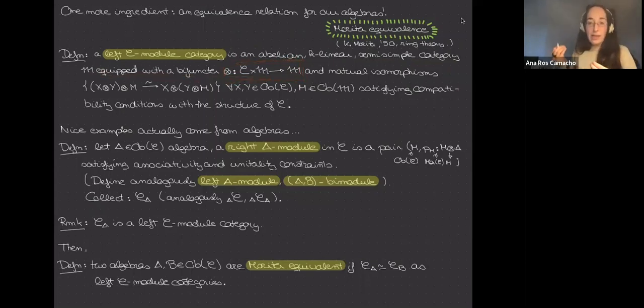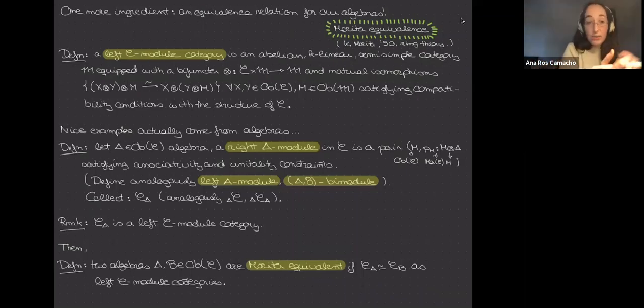If you think of this like a module, it is the definition of a module but in a categorical way. And there are some isomorphisms that relate the tensor product inside C with the action on the module category. And of course, all these ingredients again need to satisfy certain compatibility conditions.